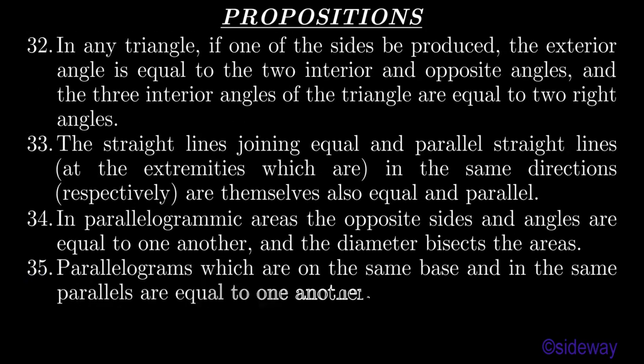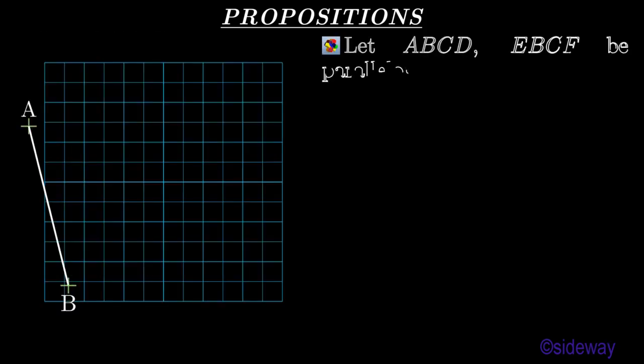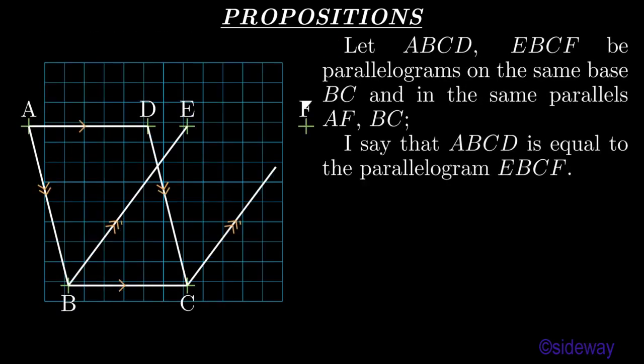Proposition 35. Parallelograms which are on the same base and in the same parallels are equal to one another. Let ABCD, EBCF be parallelograms on the same base BC and in the same parallels AF, BC. I say that ABCD is equal to the parallelogram EBCF.